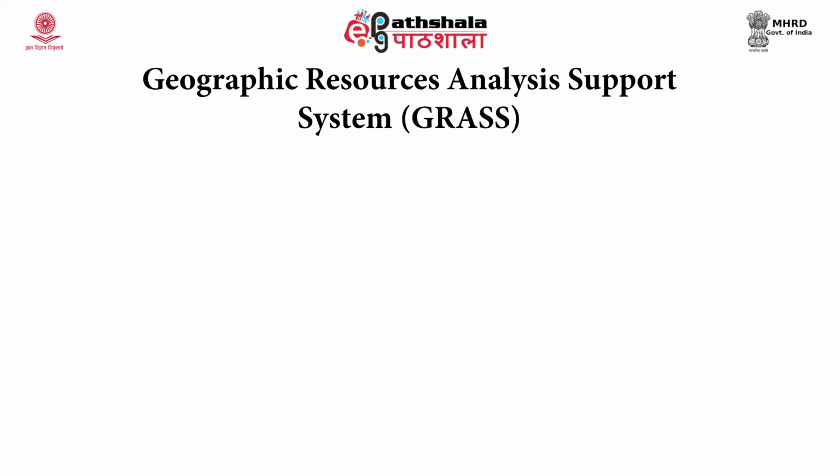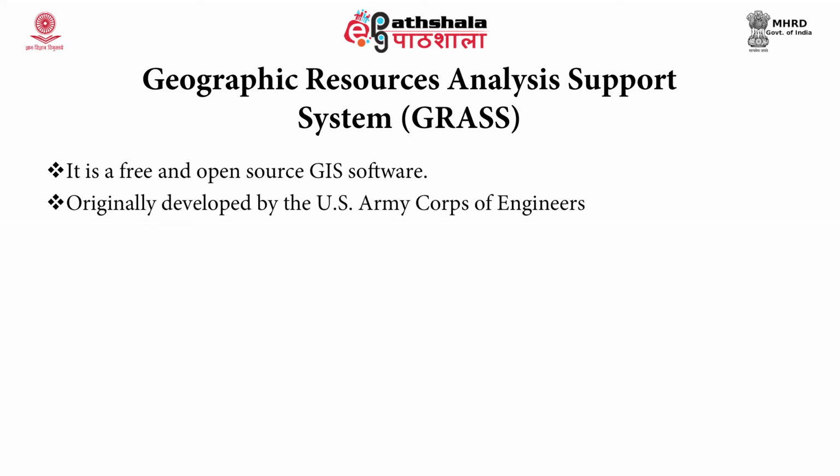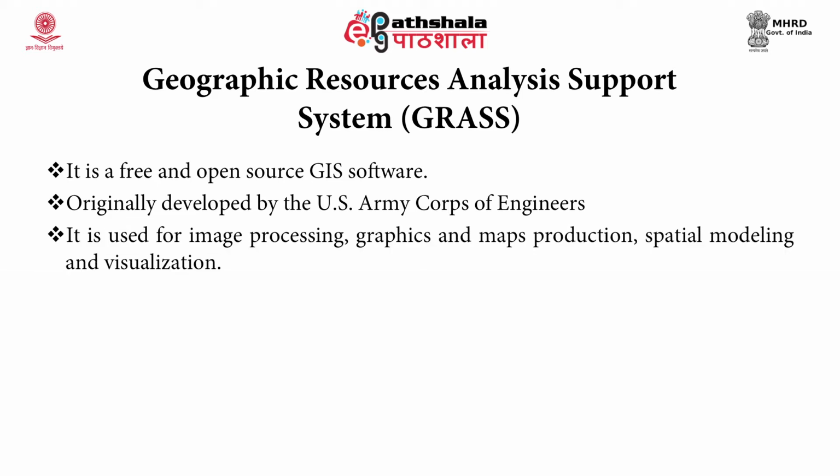The first software in this category that we'll be talking about is Geographic Resources Analysis Support System, that is popularly known as GRASS. It's a free and open source software that was originally developed by the US Army Corps of Engineers. It is used for image processing, graphics and map production, spatial modeling and visualization.